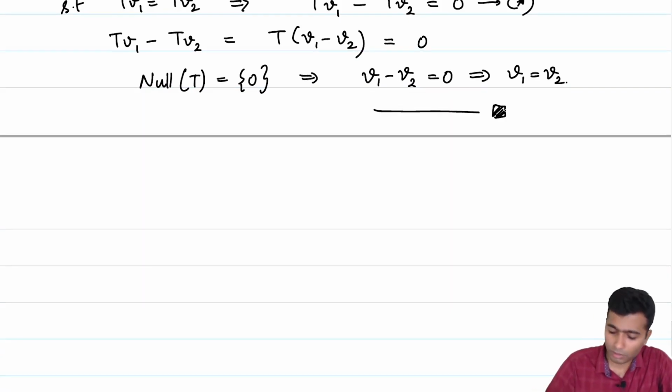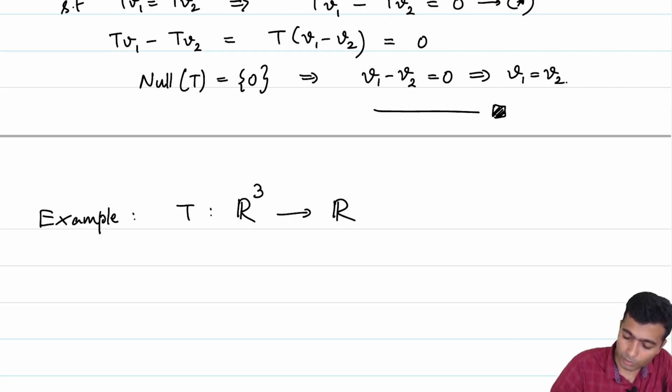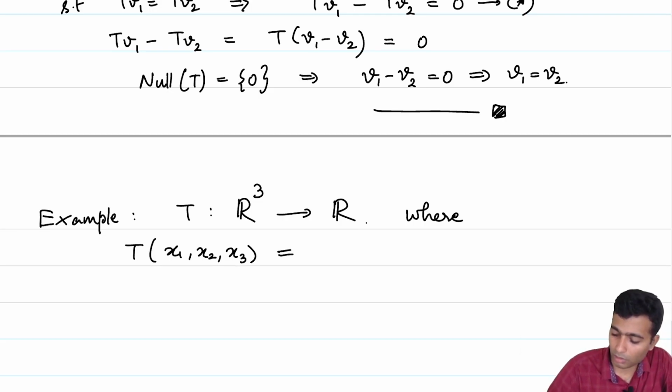Maybe I should give an example in Rn. It's actually quite straightforward to give some example. Let's look at a map, say T from R3 to R, where T of x1, x2, x3 is equal to x1 plus 2x2 plus x3.